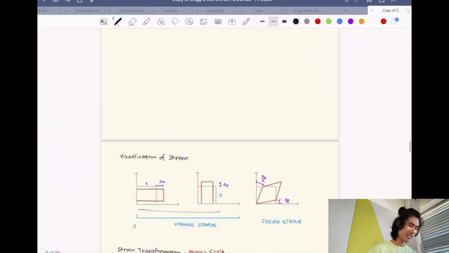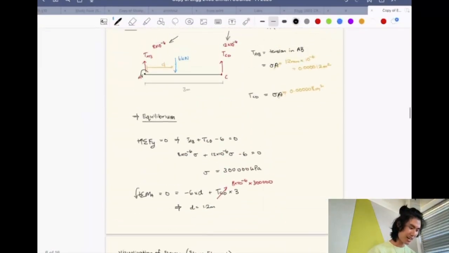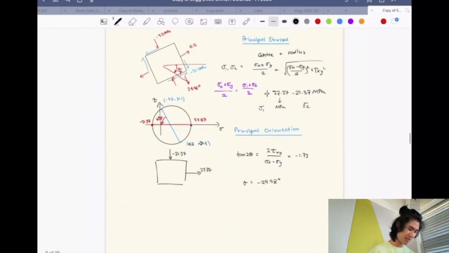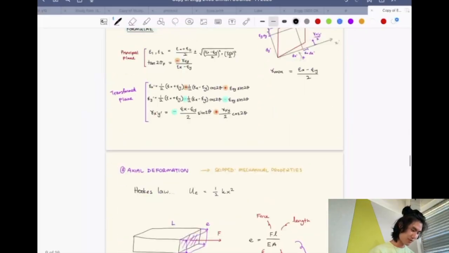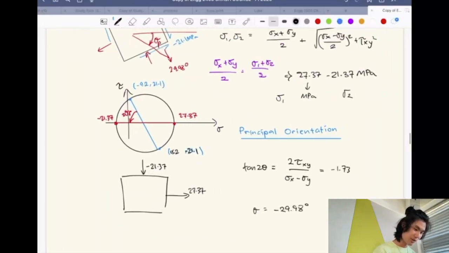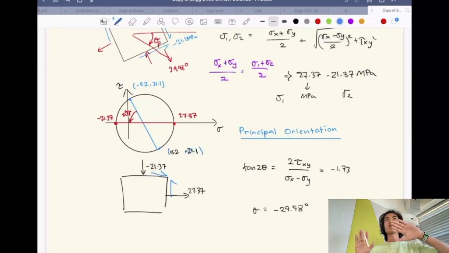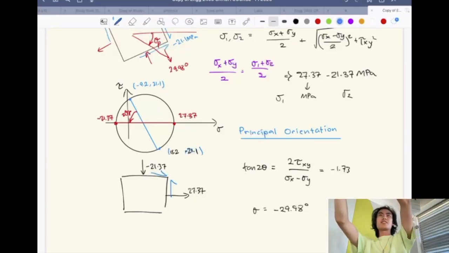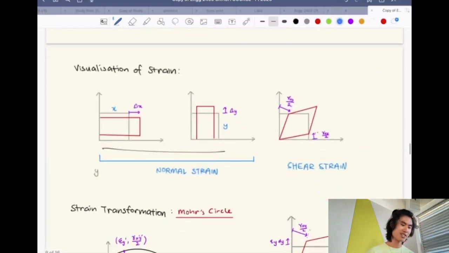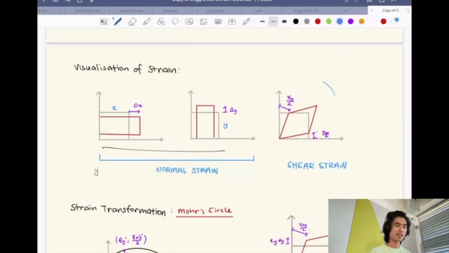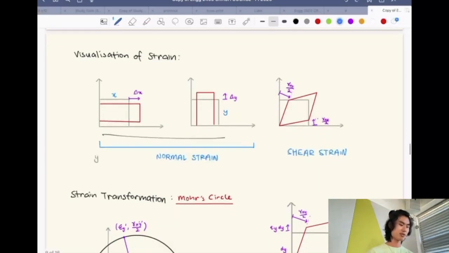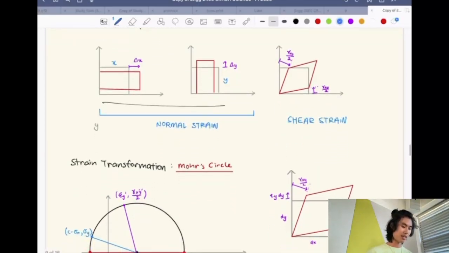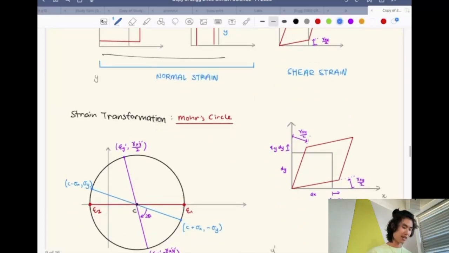If you're going to shear this element, then you're going to be pushing it up in that direction, right? Then that's what this deformation is going to look like. This one over here. Okay? And those are just some examples of what that will be on the actual diagram.